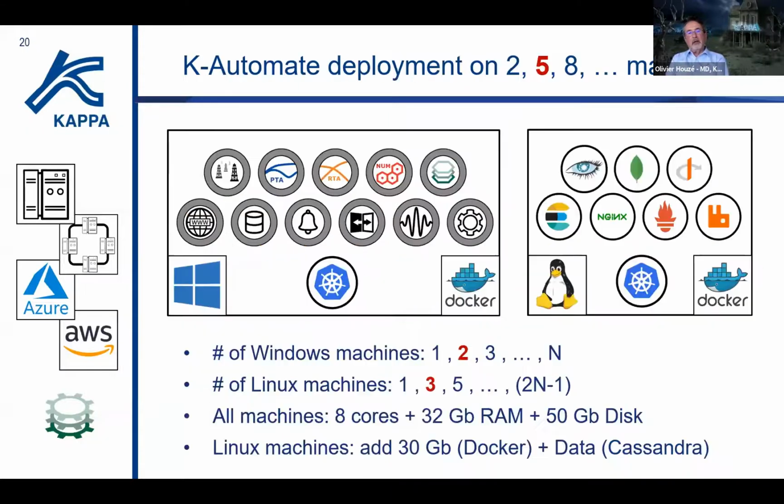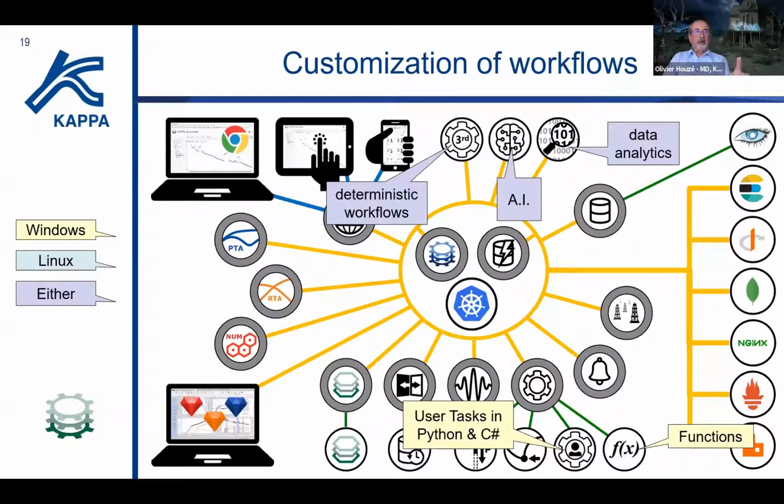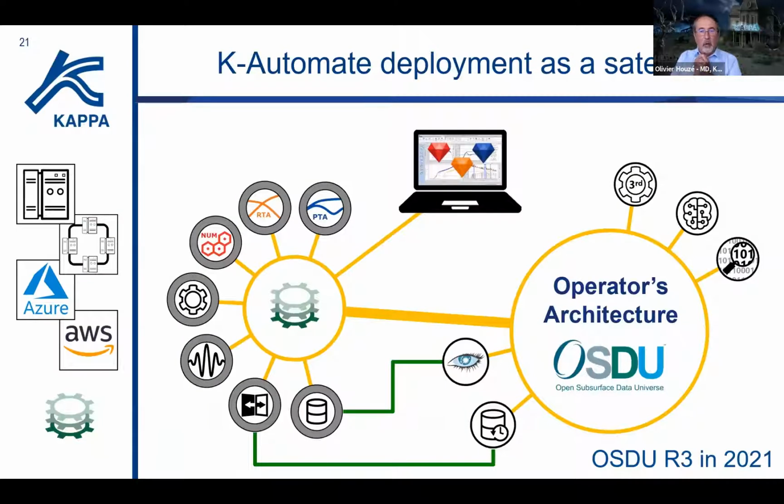Now, what I've been showing here is essentially Automate as a sort of standalone solution. This may be the case, but we anticipate that for most operators, KAPPA-Automate will only be part of the picture. So we see KAPPA-Automate potentially also as a satellite of something that would be much bigger.